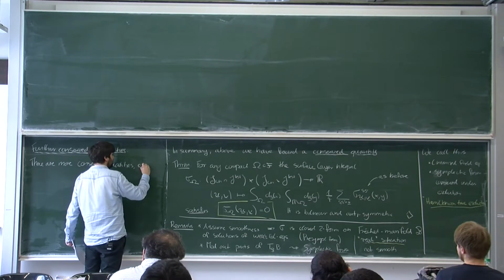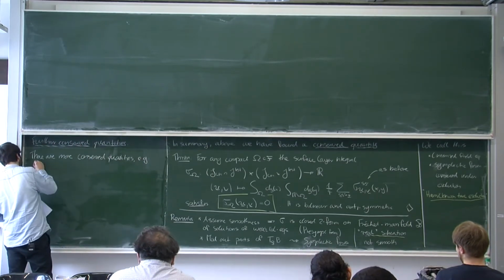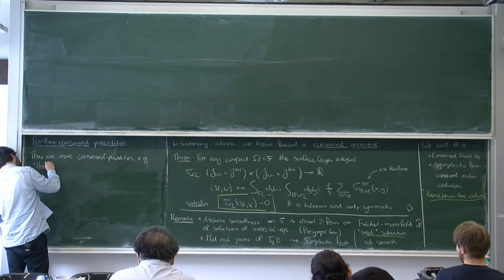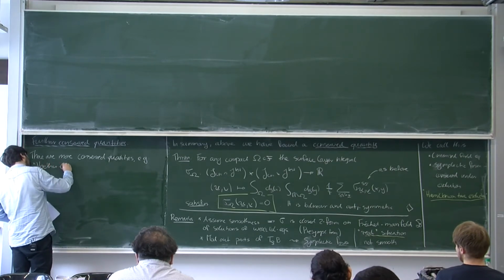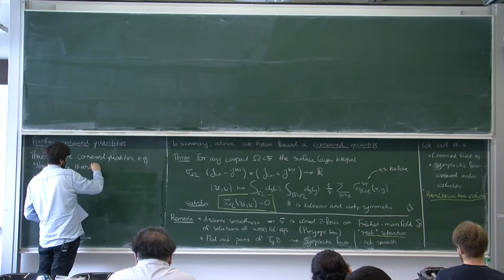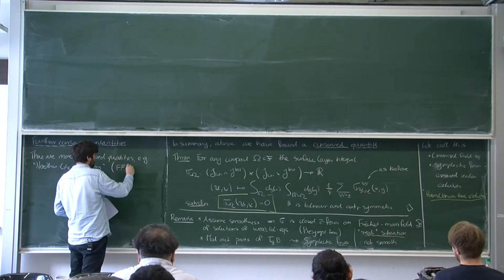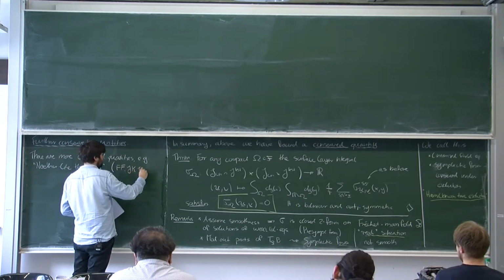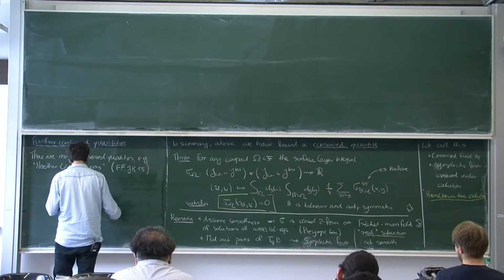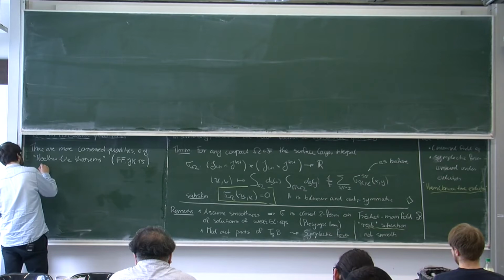The first example would be Noether-like theorems. This is basically what Felix and I published in 2015, if you want to check it out on the archive.